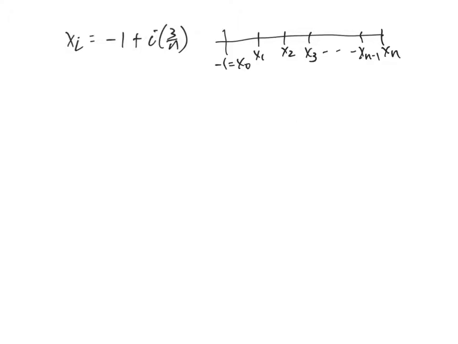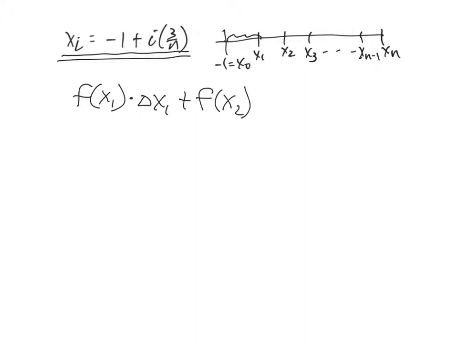Now, this becomes very important because the partitions, the x values, are what we input into the function to give us the idea of the height of the rectangle. So the height of the rectangle, or length, times width, which is our delta x. Basically this is showing how we would estimate the area under this curve.